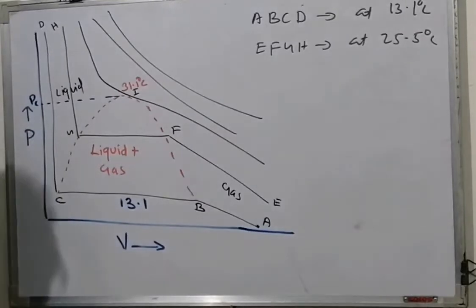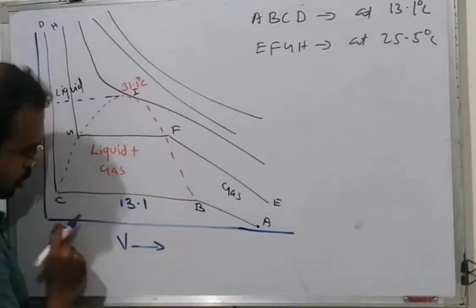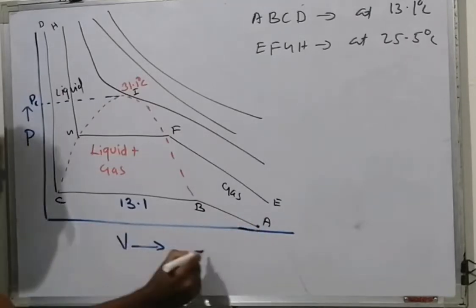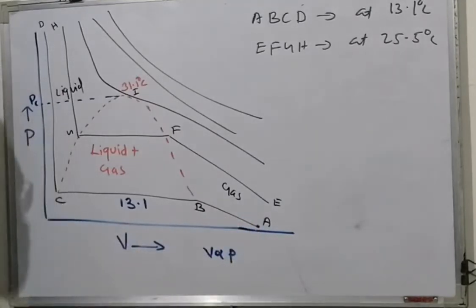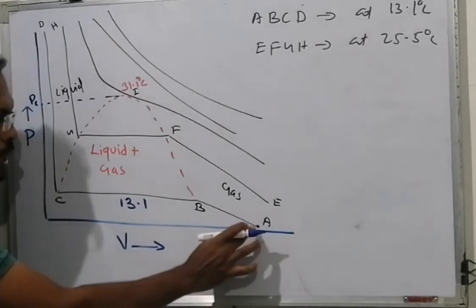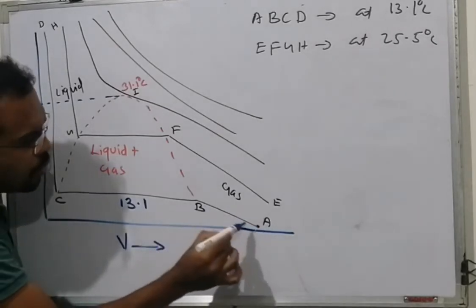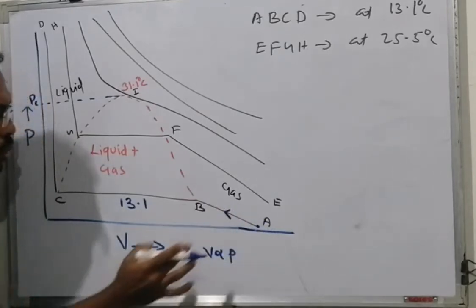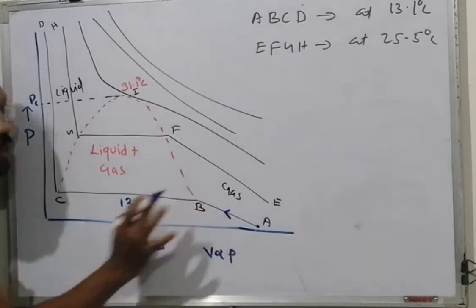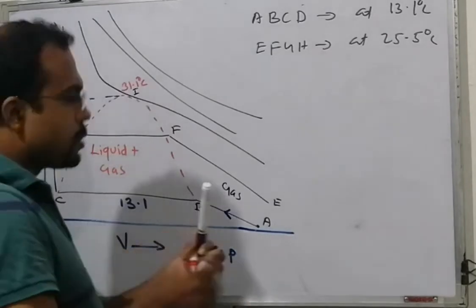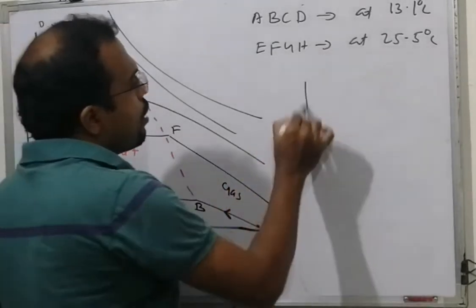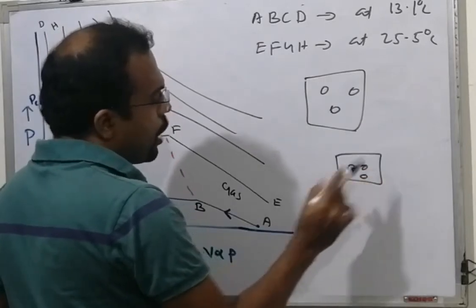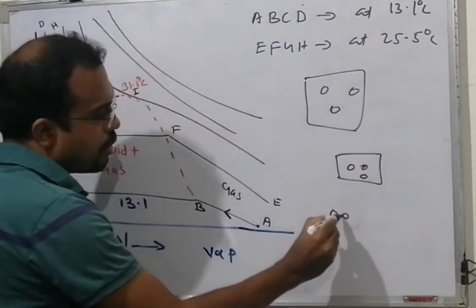At A, the volume of gas is very high because it's a volume axis, so the pressure is very low, because volume is inversely related to pressure. Now you simply start to decrease the volume. When you decrease the volume, pressure increases, and molecules come close to each other.